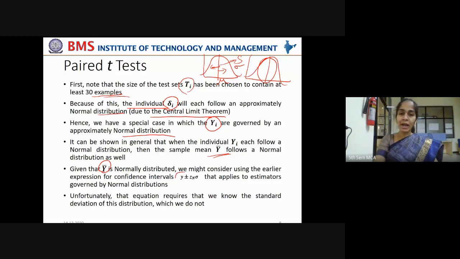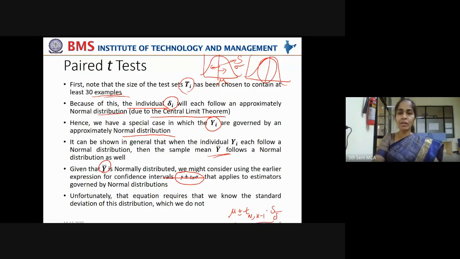Then why not write the confidence interval expression directly, instead of writing mu plus or minus the critical value t at n% confidence interval and k minus 1 degrees of freedom multiplied by s, the standard deviation of delta bar?